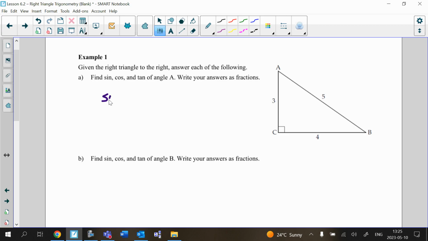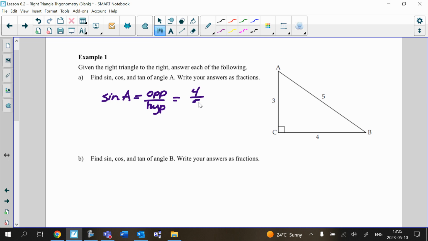The sine of A is the opposite side to A over the hypotenuse. What's that? Okay. So what would it be? 4/5. Because the side opposite angle A is 4, hypotenuse is 5, so it's 4/5.